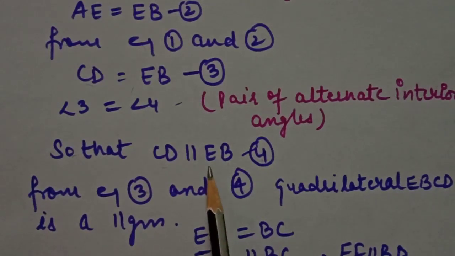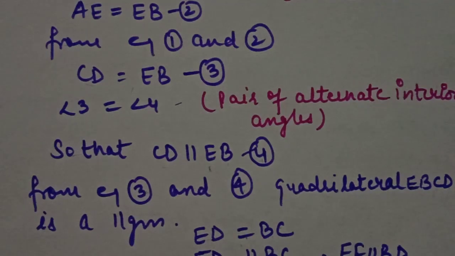So if in a quadrilateral one pair of sides is equal and parallel, then it is a parallelogram. So the remaining side is also equal and parallel. ED is equal to BC. ED is parallel to BC.